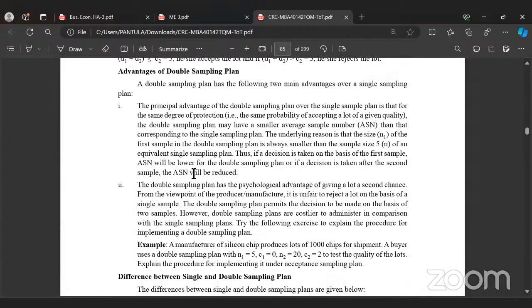So what are the advantages? The principal advantage of double sampling over the single sampling plan is the same degree of protection. Whenever we go with a first test and a second test, there is an advantage for the company. Why do they go with this? In order to satisfy the customer.